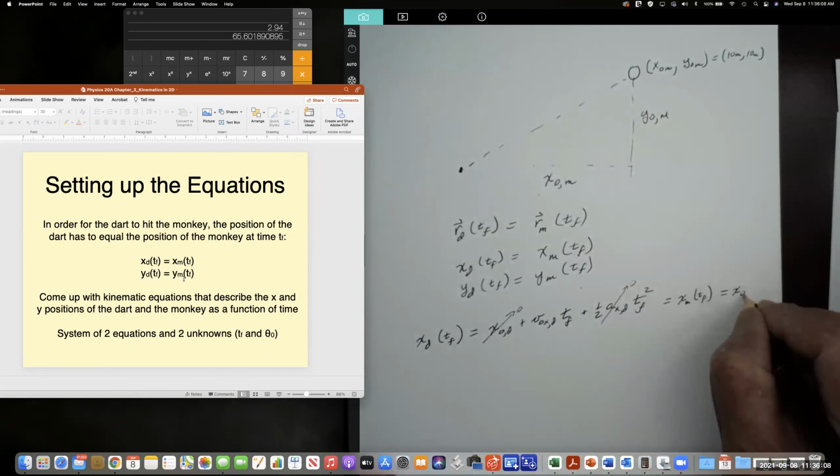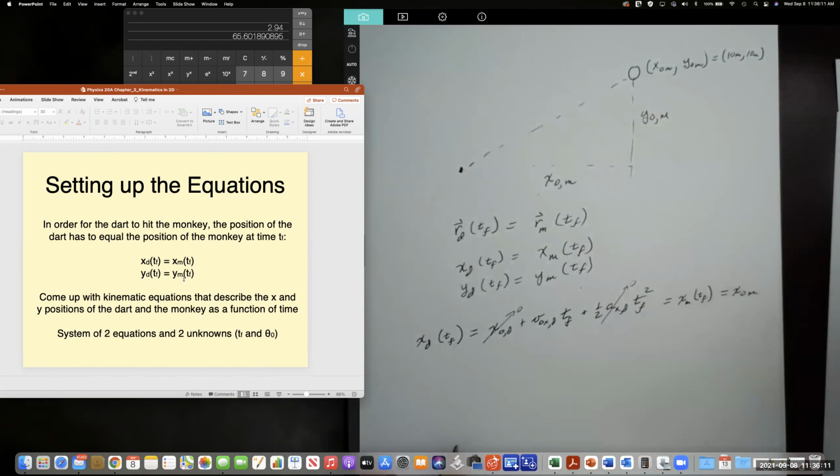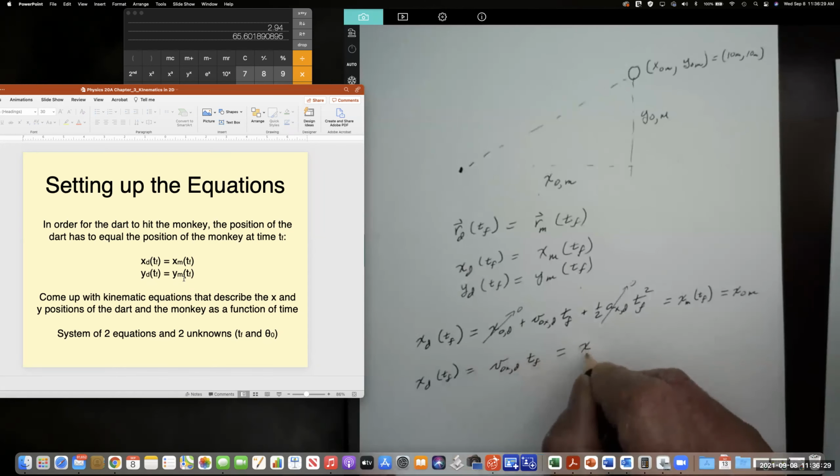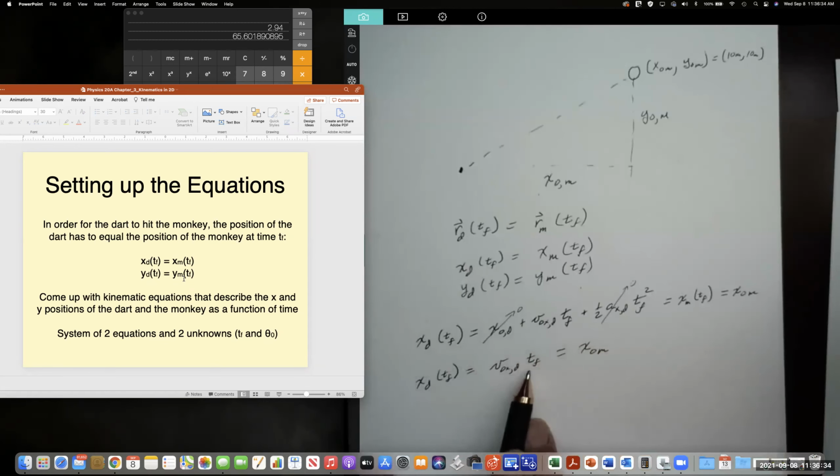So v0x of dart times t final is equal to x0 monkey. So it's just its speed times the time has to equal this distance. Everyone agree with that so far? Can I get agreement there? Yes. Okay.